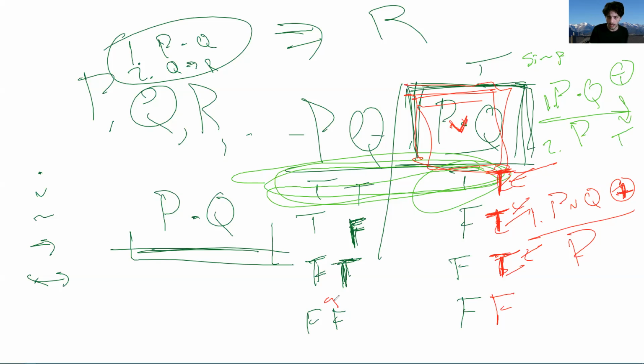The relationships between complicated sentences all depend on the structure of these logical operators, and that's made clear by truth tables. So everything we're going to do here is going to be justified in the background by truth tables.